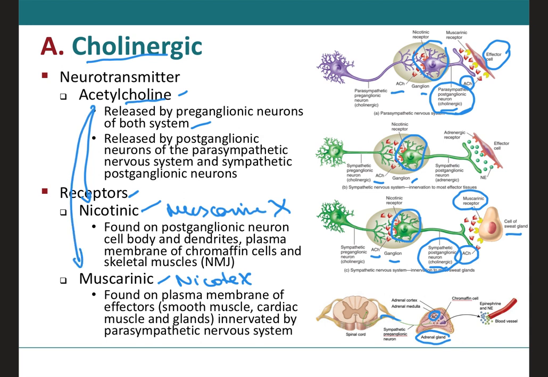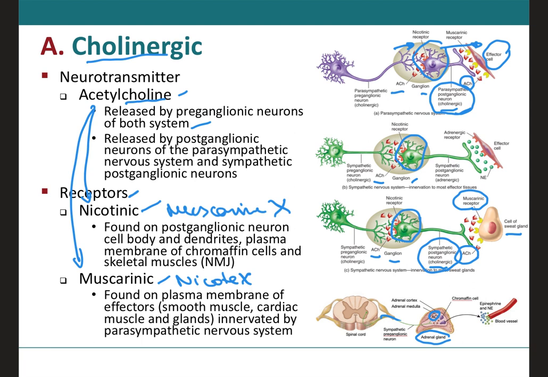Now you would think, what is the effect of the binding of acetylcholine to these specific receptors? Well, the nicotinic receptors are present in the dendrites and cell bodies of the neurons inside of the ganglion. So for the information to go from the preganglionic neuron to the postganglionic neuron and then to the organ, this information needs to be transmitted.